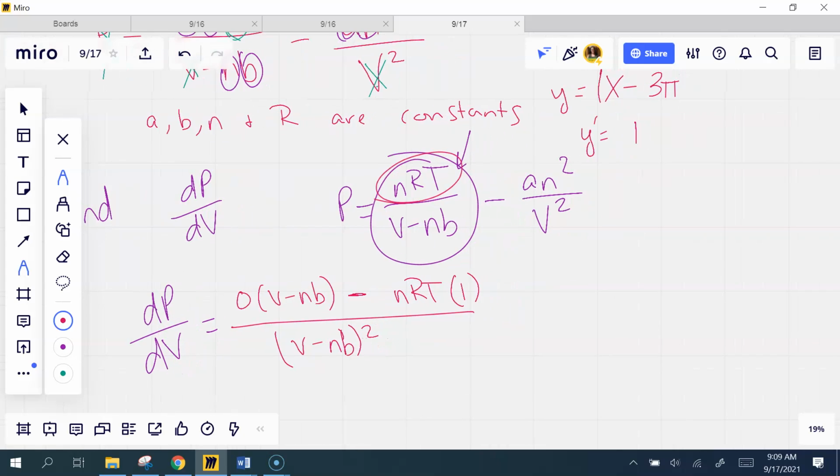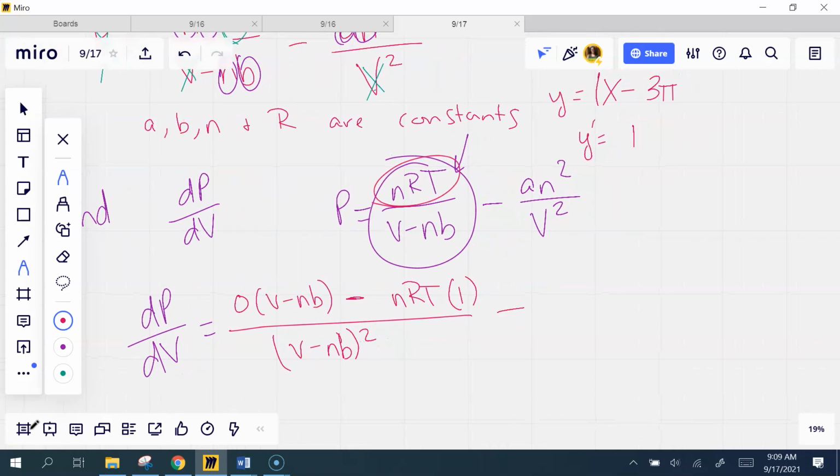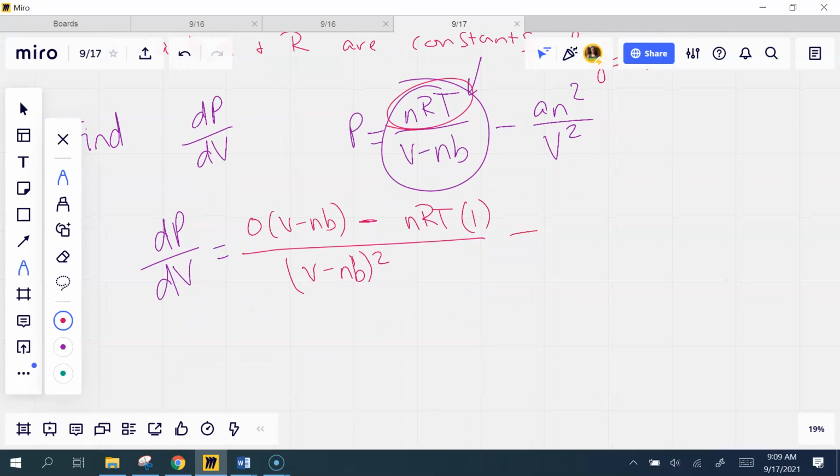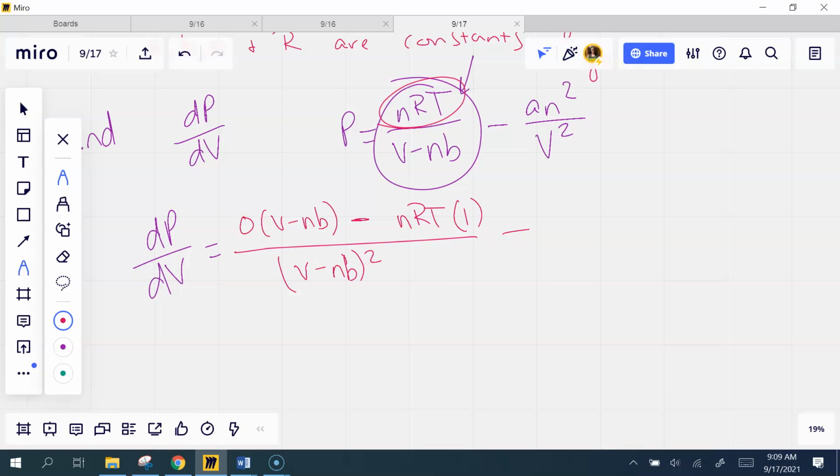squared. But now we have to do the same thing for the second fraction. Derivative of the top: 0 times the bottom, minus the top times the derivative of the bottom, which is 2V, because these are both constants, and the derivative of a constant is 0.